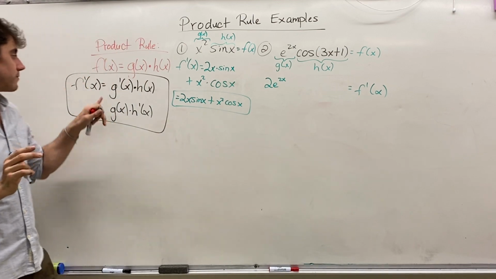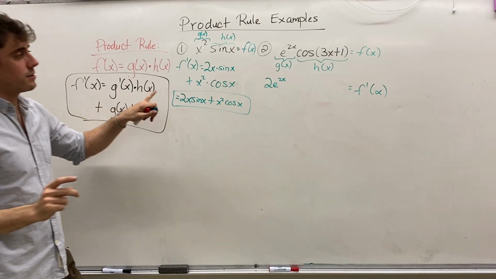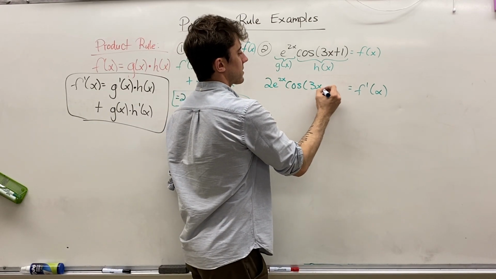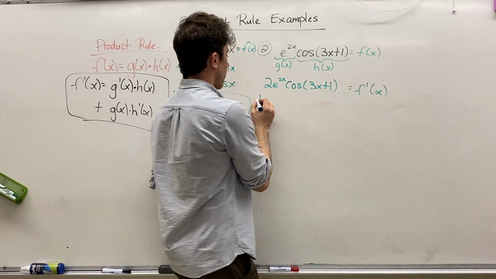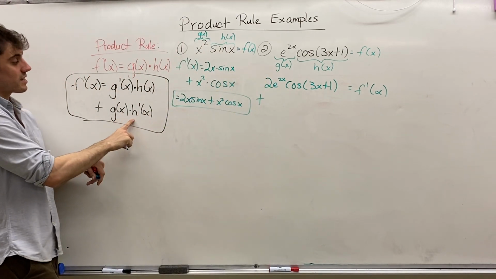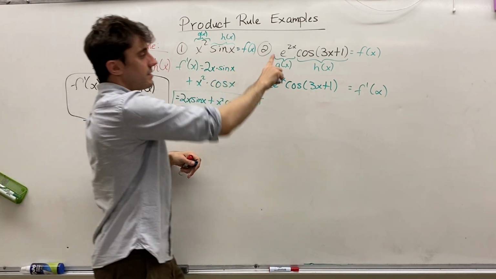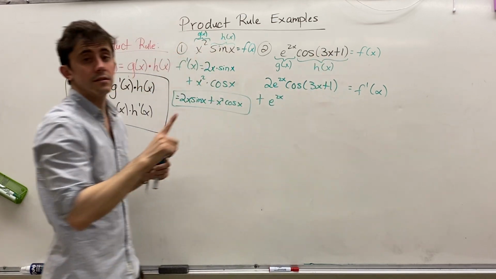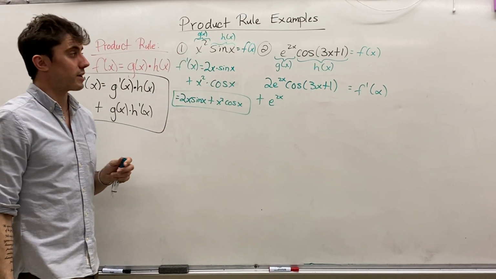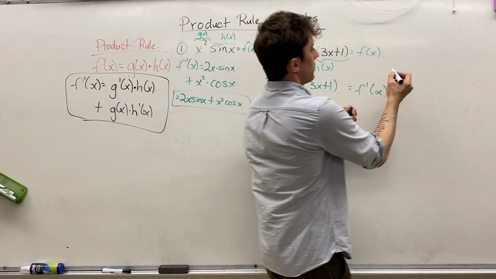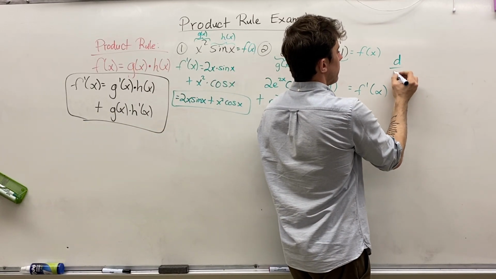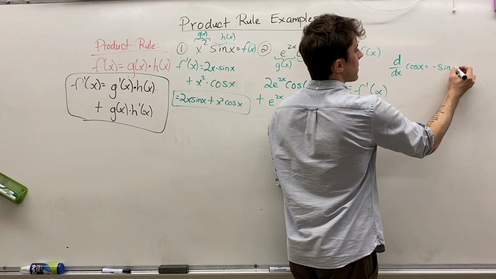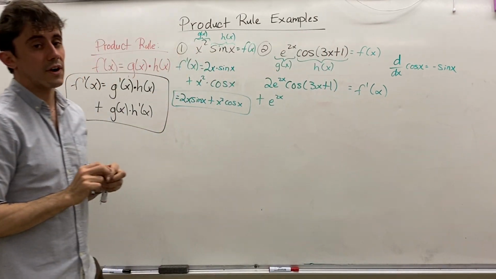Okay? We have g prime of x times h of x, so times cos of 3x plus 1, plus, next we have g of x times h prime of x. So we're going to leave e to the 2x alone, and we're going to differentiate cos of 3x plus 1. I'll remind you that the derivative of cos of x is negative sine of x, right?